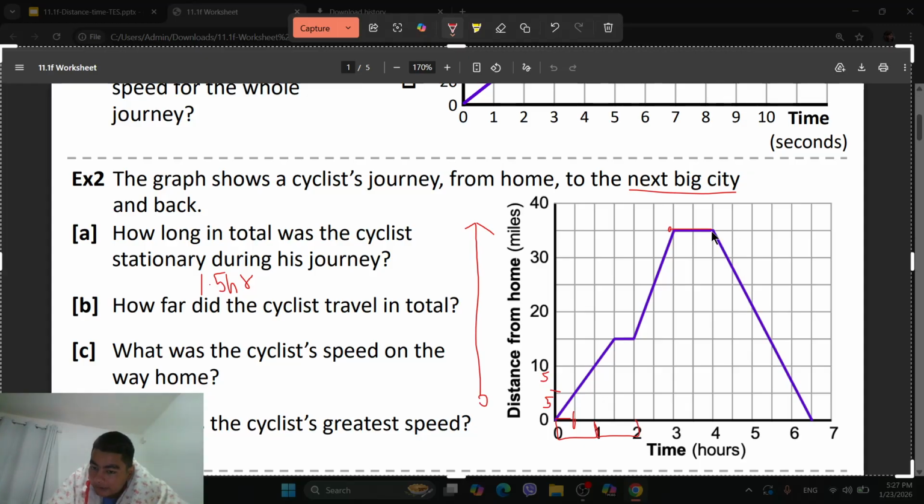In the next 30 minutes, he traveled back a distance of, it looks like, 7 miles. In the next 1 hour, he traveled this distance, right? In the next unit of time, he traveled this whole distance of 35 miles, isn't it? In time, how much? 30, 30, 30, 30. That's 1.5 hours. He traveled back 35 miles, isn't it?